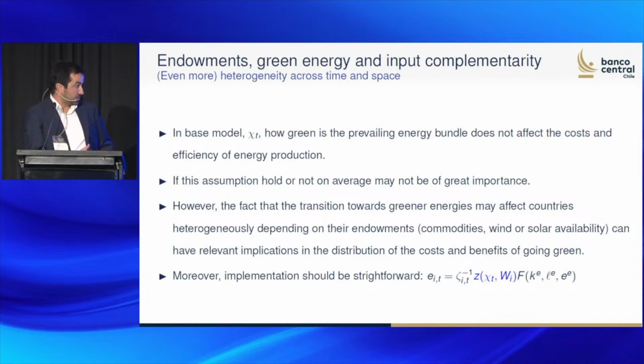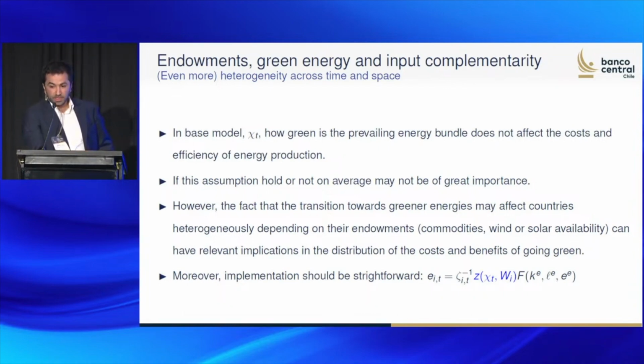So some countries like Venezuela could have that as we move to greener energy, the complementarity with their natural endowments goes down. Maybe Chile, that has a lot of place for wind, a lot of place for solar, and a lot of lithium to make batteries, has a higher complementarity between their endowments and the costs and benefits of going green and having a greener energy.